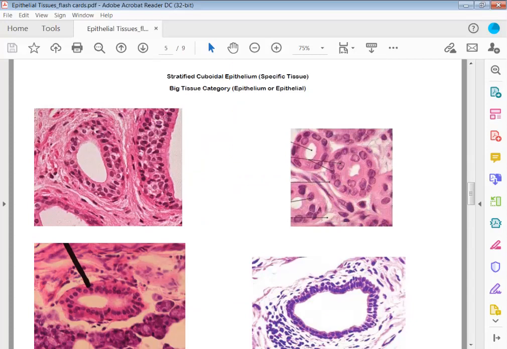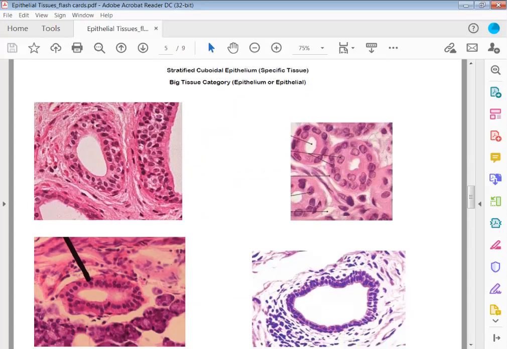Next tissue, this is our stratified cuboidal epithelium. There's a few structures again that we have to know in this one. The good thing is we've already reviewed these structures. Let's do it on this one right here. Okay, the outside line here, not good at drawing a circle. That outside line right there is the basement membrane.